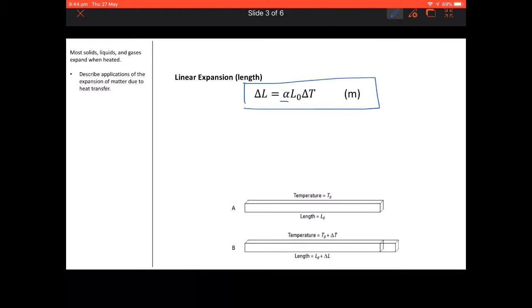So its units are per Celsius, or Celsius to the -1. Units of length is obviously in meters, and change in temperature is measured in degrees Celsius. If you need to measure the change in temperature, this will be equal to the final temperature minus the original temperature.